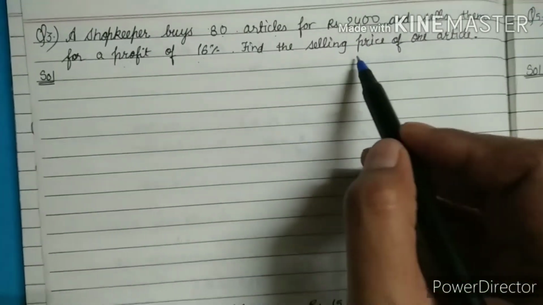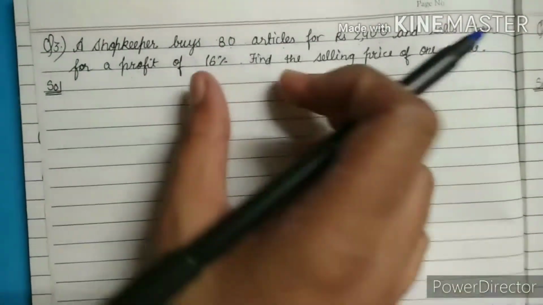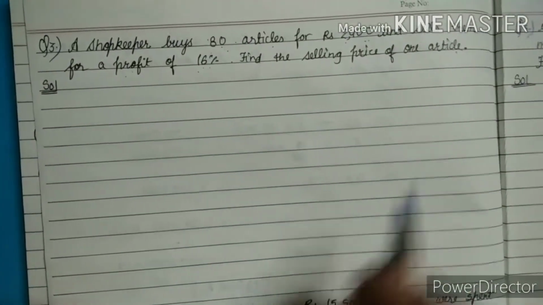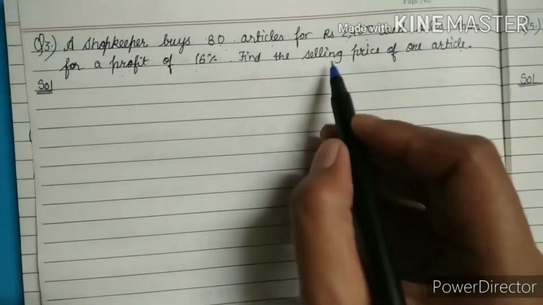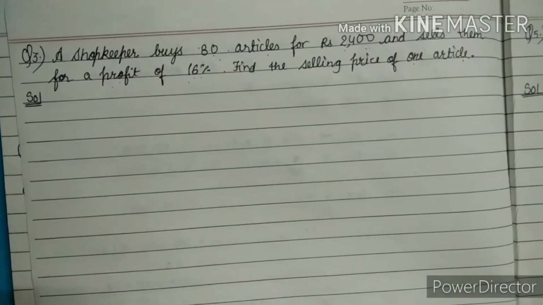But we have to find the selling price of one article. They have given us the cost price of 80 articles, and we have to find the selling price of one article.